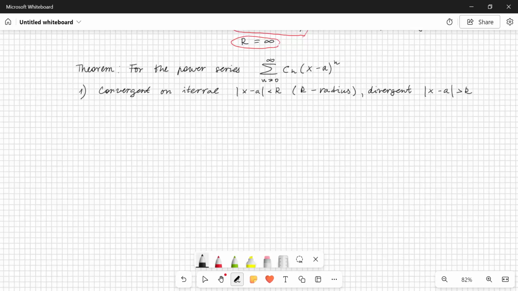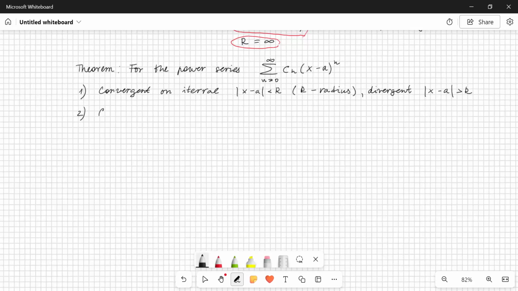We don't know about endpoints because my ratio test is not telling us anything. But at least inside of the interval it is going to be convergent, outside divergent. Endpoints, we'll need to investigate more.